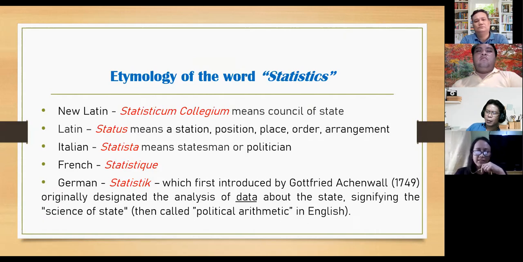In French, statistique. And in German, Statistik with a K, which was first introduced by Gottfried Achenwall in 1749, and originally designated the analysis of data about the state, signifying the science of state, then called political arithmetic in English.